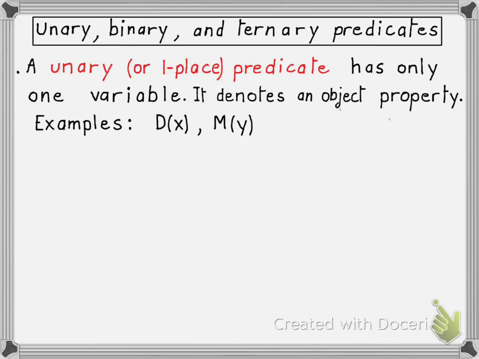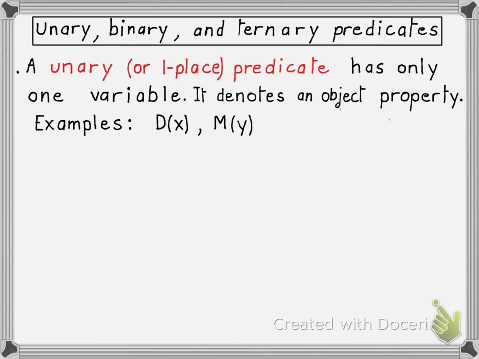So let's say m is the predicate is a mammal. So m of y is the propositional function that when you give it an object, it returns the proposition that whatever that object is a mammal, which is true or false.